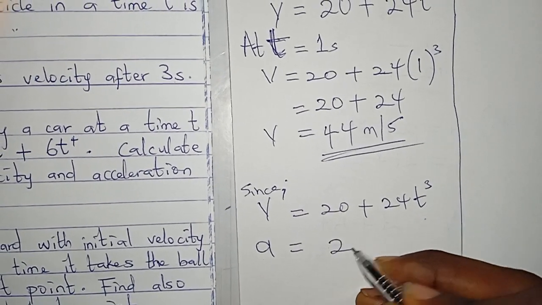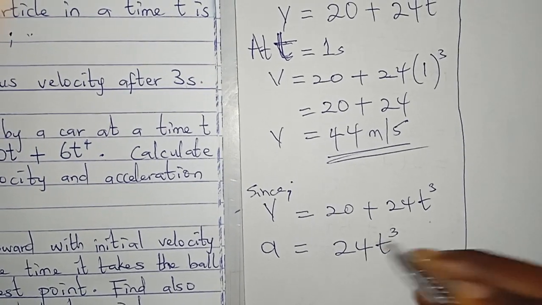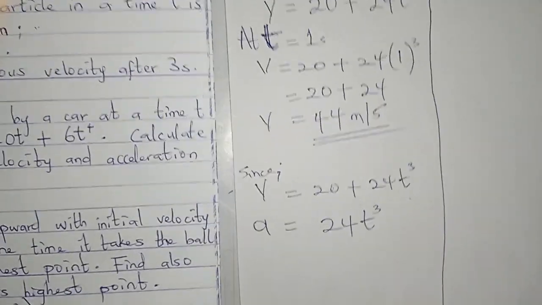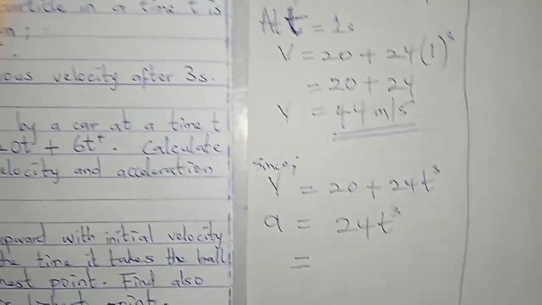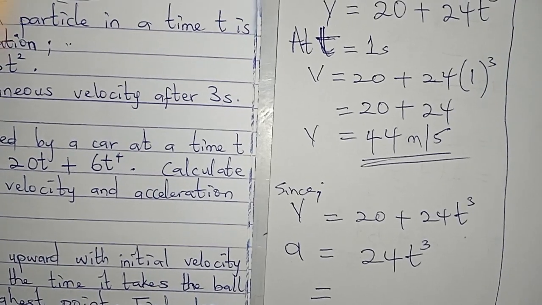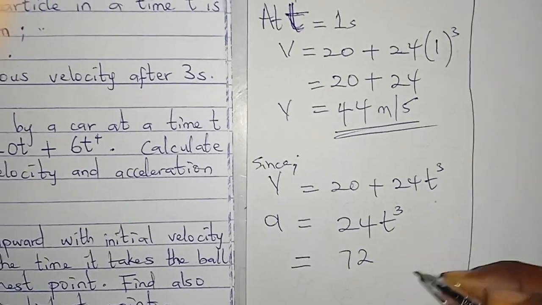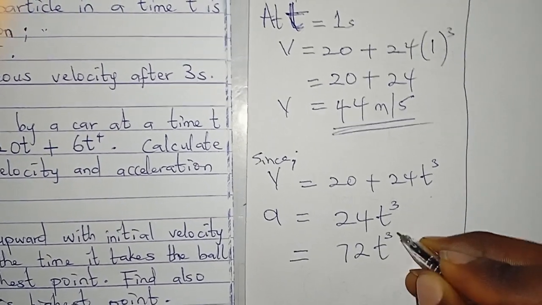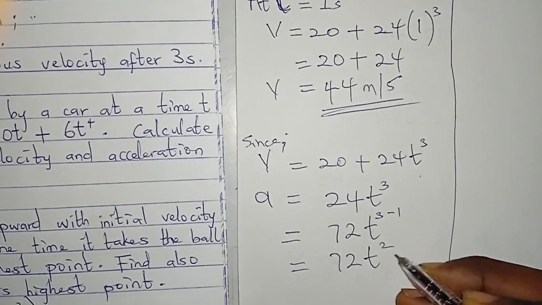So we have 24t cube. We use the power times the coefficient, that is 3 times 24, you get 72. Then t, the power, subtract 1 from it, so you get 72t raised to power 2.